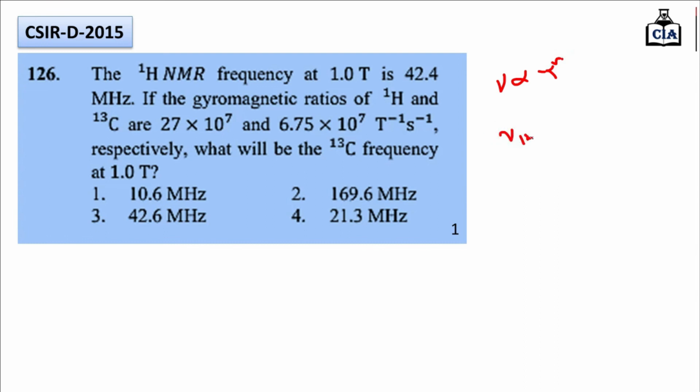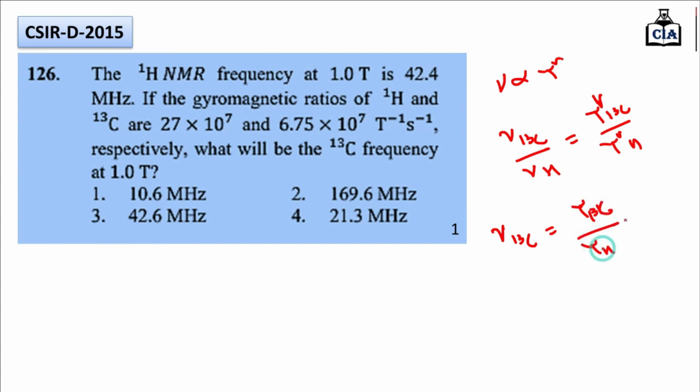Frequency of carbon 13 divided by frequency of proton equals gyromagnetic ratio of carbon 13 divided by gyromagnetic ratio of proton. Just rearrange this equation: frequency of carbon 13 equals gyromagnetic ratio of carbon 13 divided by that of proton, into frequency of hydrogen. Just put in all these values, then we will get the frequency of carbon 13.